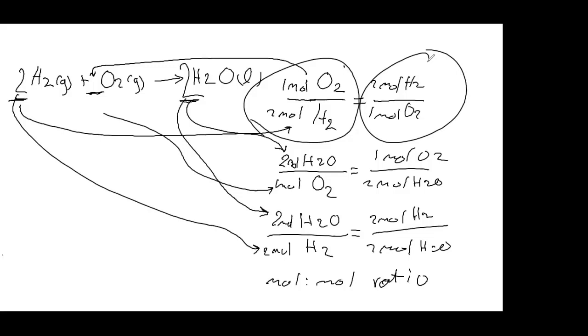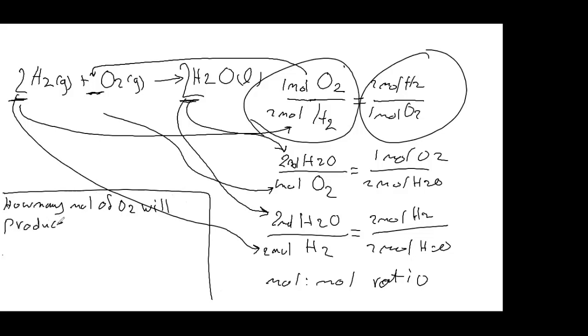So for example, in this equation, let's practice quickly with one quick example here. If we ask how many mole of H2O will be produced if we use 2 mole O2. 2 mole O2.